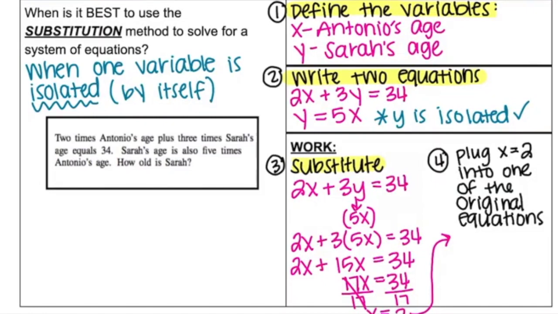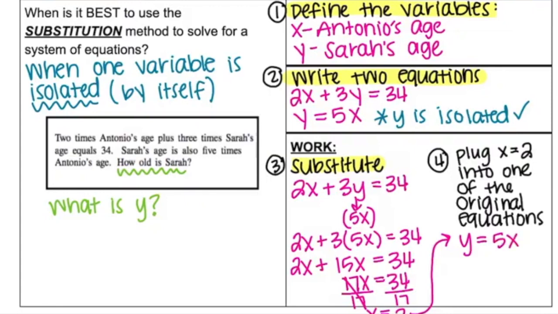x equals 2. Now, if I want to know what y is, our question is asking how old is Sarah? So in other words, we're trying to find out what is y. So if I want to know what y is, then I can take x equals 2 and plug it into this equation since y is already by itself here.